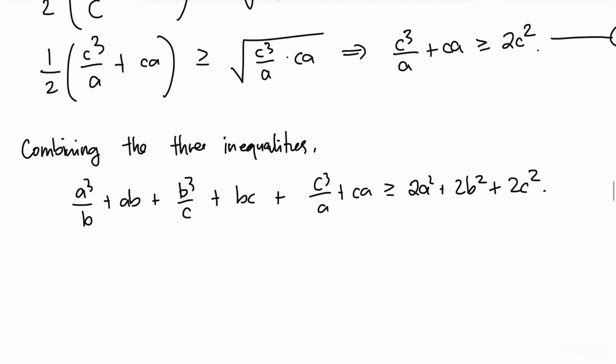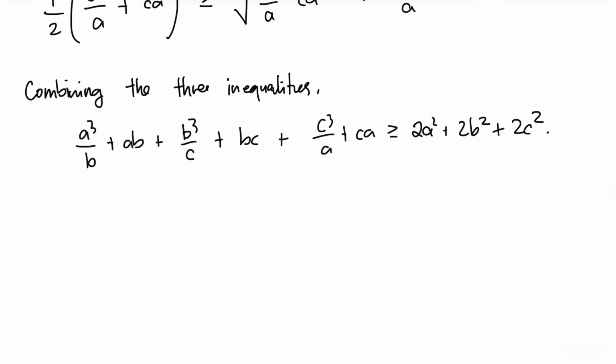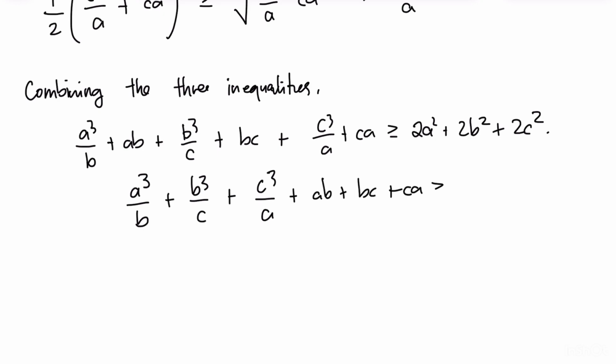So I'm going to group this a little bit. So this becomes a cubed over b plus b cubed over c plus c cubed over a plus ab plus bc plus ca, which is greater than or equal to 2 times a squared plus b squared plus c squared. That looks a little cleaner.